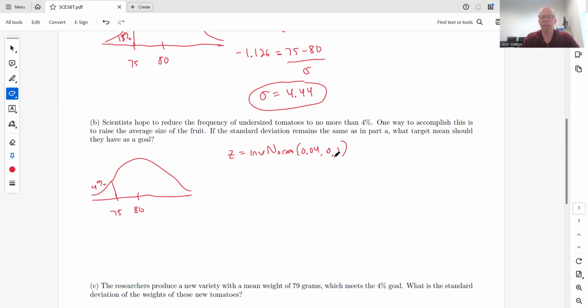So we let the mean be 0, standard deviation be 1. And when we do that, we get negative 1.751. So there's our z-score. We want 75 to be 1.751 standard deviations below the mean.